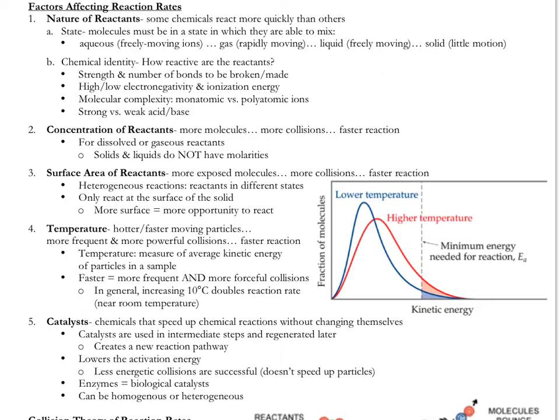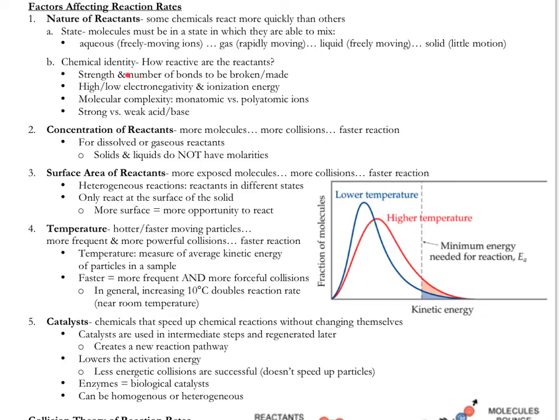Liquids are freely moving and freely mixing, but the molecules have much less energy and are moving much more slowly. And then solids, there's little motion. So a lot of times, if you're reacting solids, you're going to expect the reaction to start much more slowly because the particles are moving more slowly. Very simple, very straightforward, easy multiple choice, hopefully a very easy explanation.